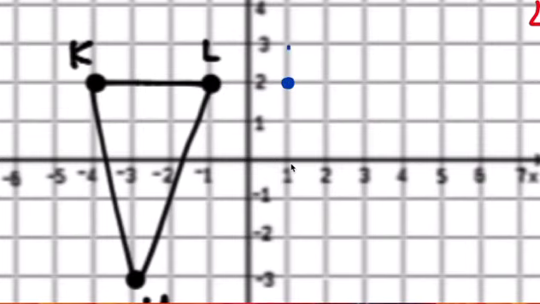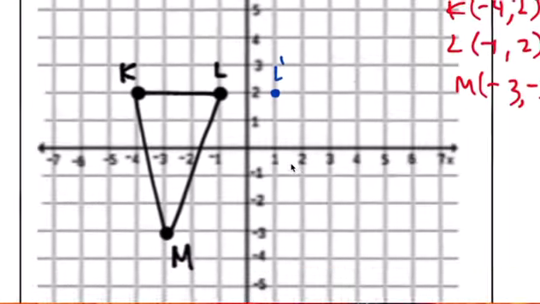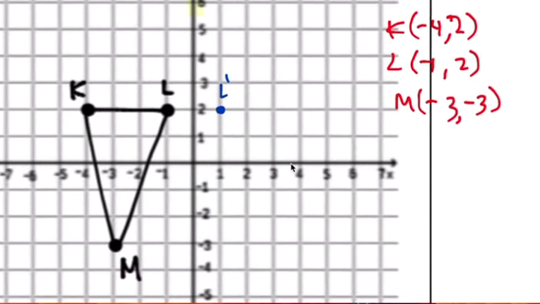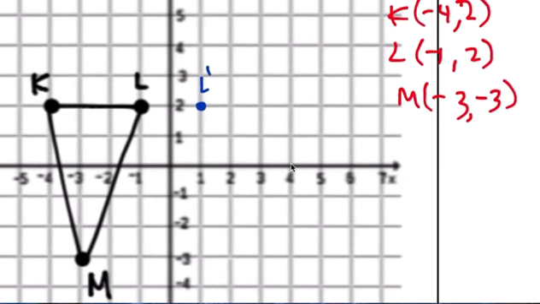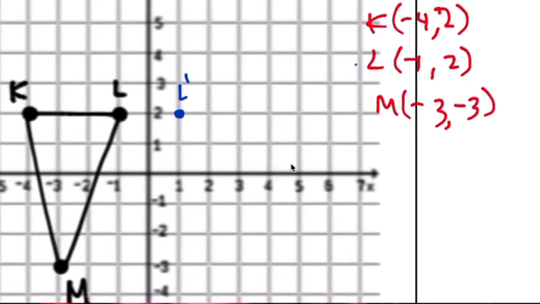So that is L prime is 1, 2. So x is opposite.